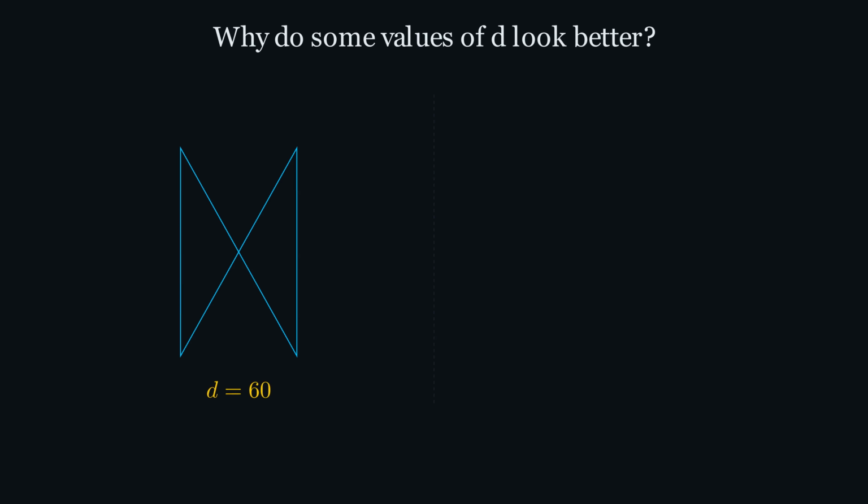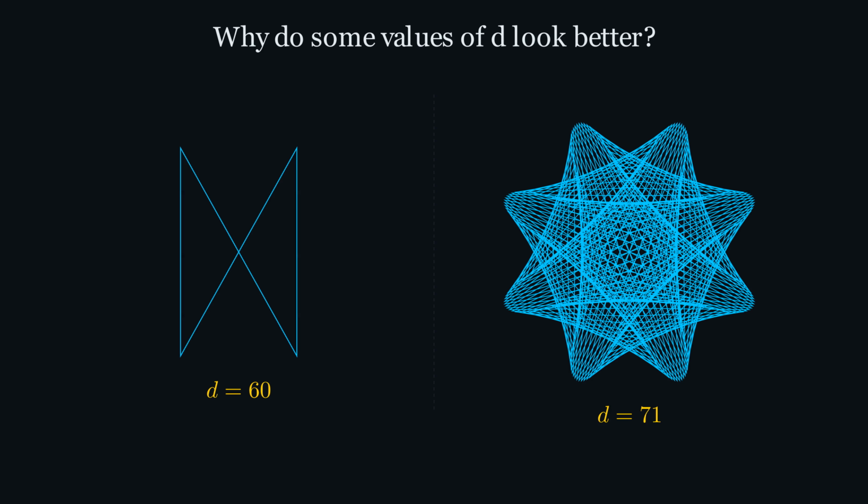Notice how setting d to 60 degrees barely creates anything at all. It traces a few lines and immediately stops. But slightly tweaking it to 71 degrees gives us a gorgeous, densely packed web.